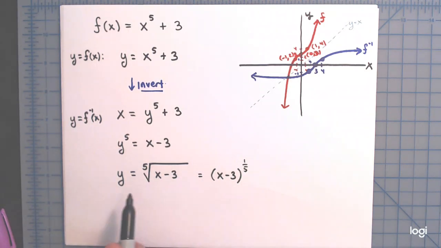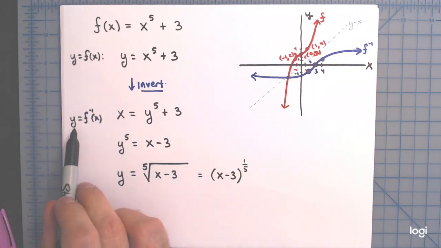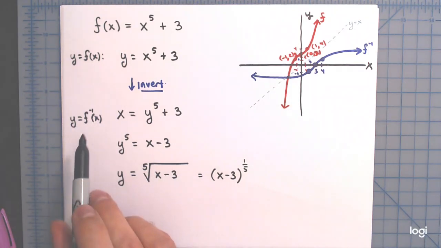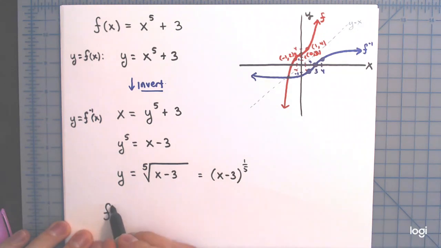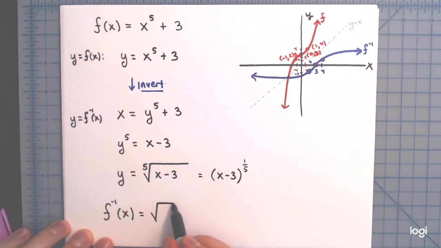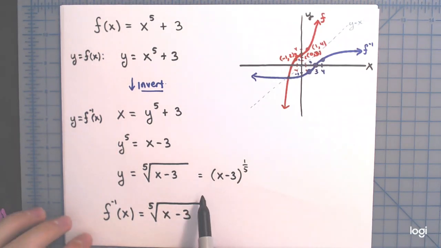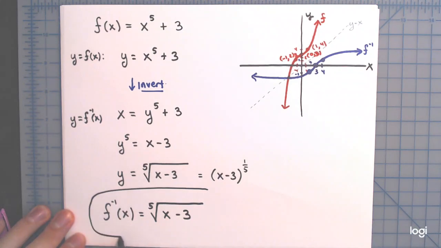Both are fine. So I've solved for y, and then we can replace this y with f inverse. So f inverse of x is the fifth root of x minus 3. And this is the equation we're asked for.